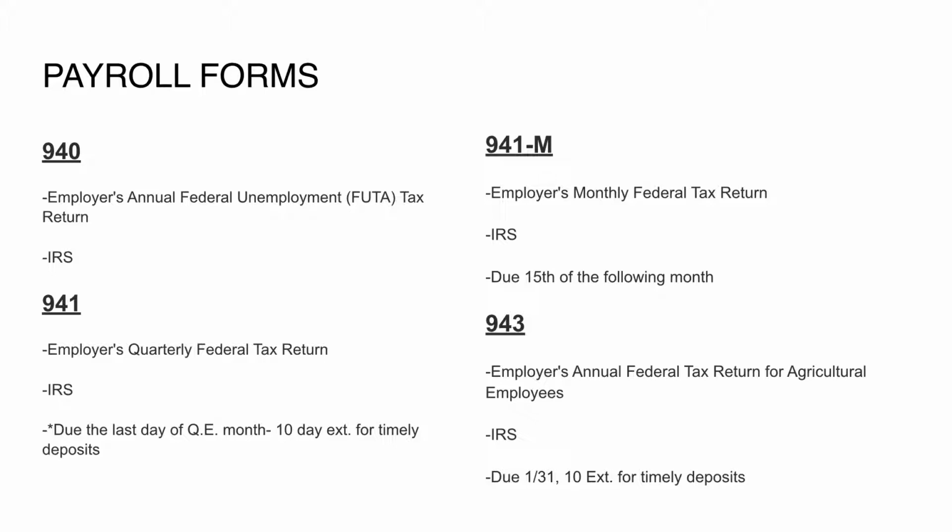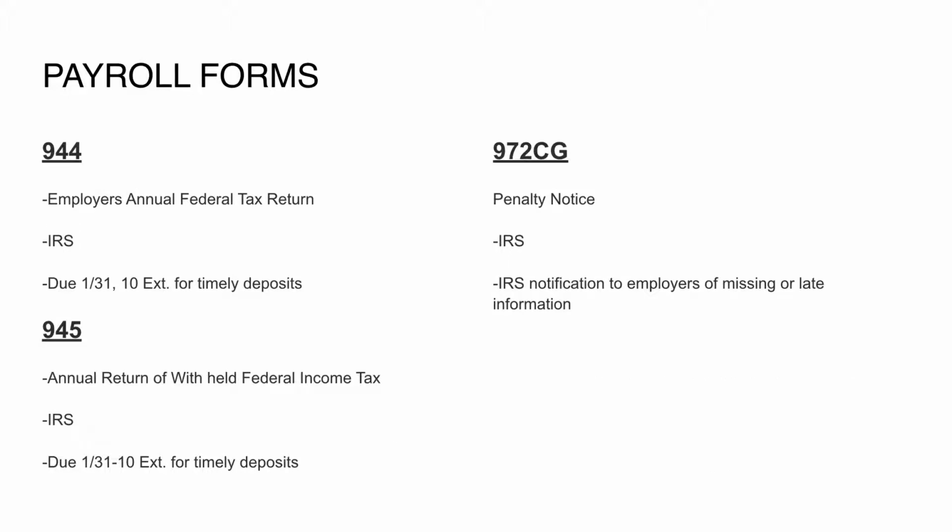It is due on January 31 and a 10-day extension is given for the timely deposits. Form 944. Employer's annual federal tax return, reported to the IRS. It is due by January 31 and a 10-day extension is given for timely deposits.